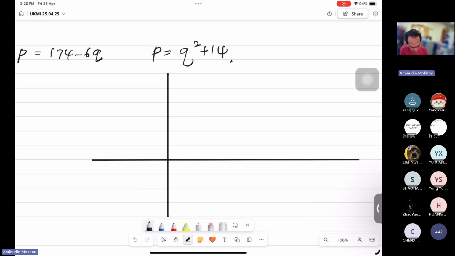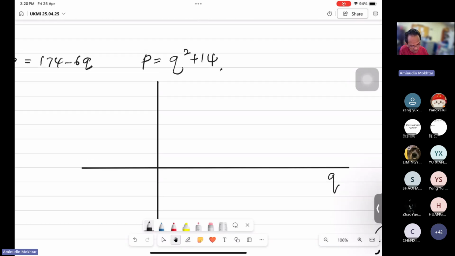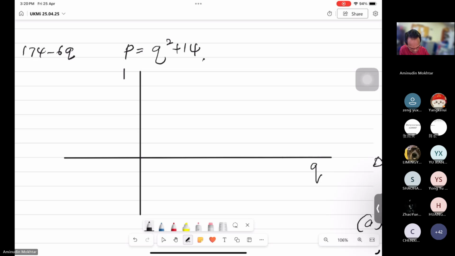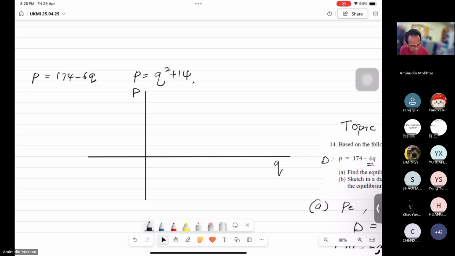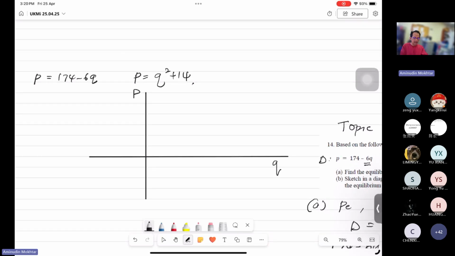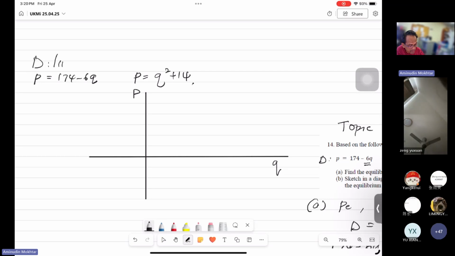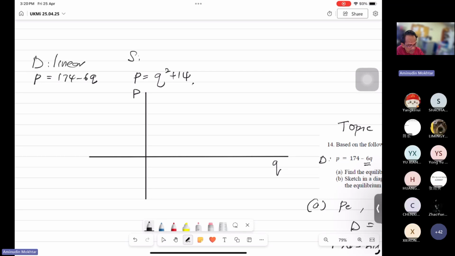This is for Q, for quantity. Sorry, this is for P. Now I would like to draw first the demand function. This is a demand function, linear, and then the supply function is quadratic.